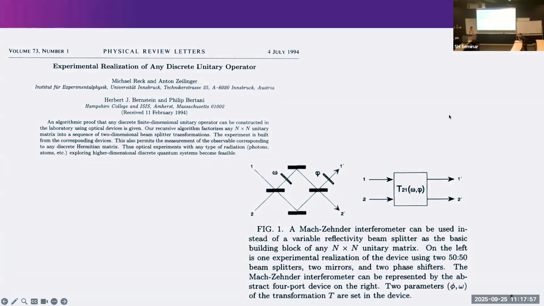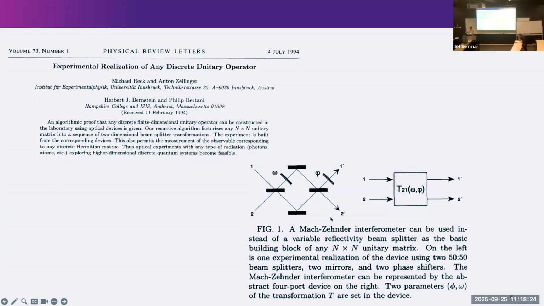And this is one paper from Zeilinger. People often call this the Reck and Zeilinger decomposition, but there are other authors here. Why don't we use their names as well? Anyway, when people say Reck-Zeilinger decomposition, it just means given a unitary, I'm going to decompose it in terms of beam splitters and phase shifters in a Mach-Zehnder configuration like this.